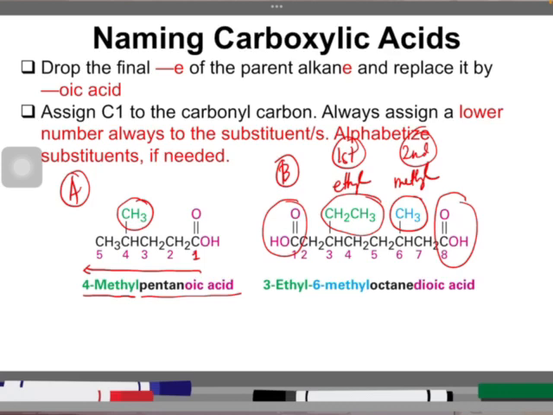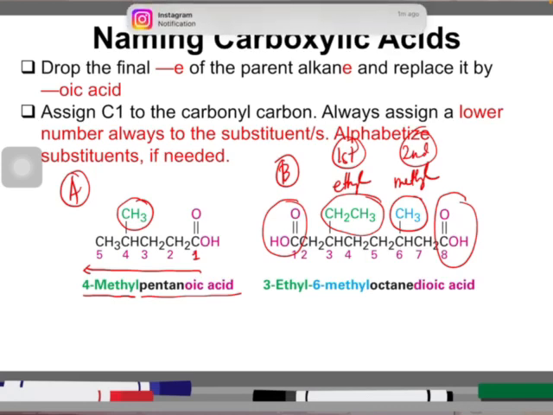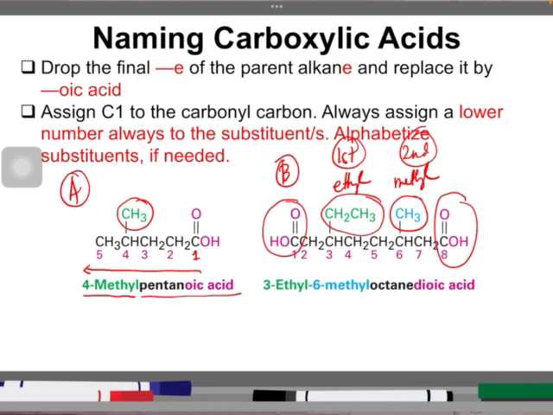So, kung si ethyl nga ang nauna, edi dapat bigyan natin siya ng mas mababang number. Okay? So, let's assign yung numbering. Ang direction ay left to right. Okay? That's why the name is 3-ethyl 6-methyl octane dioic acid.